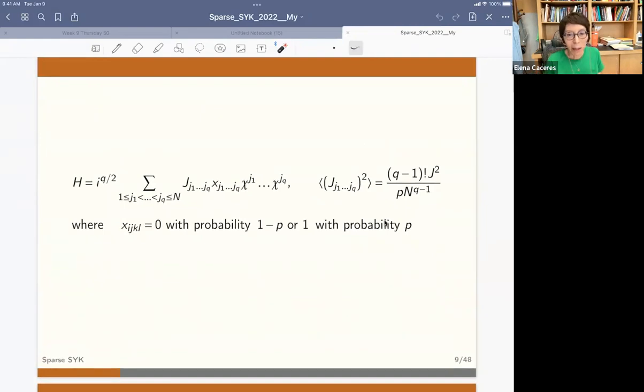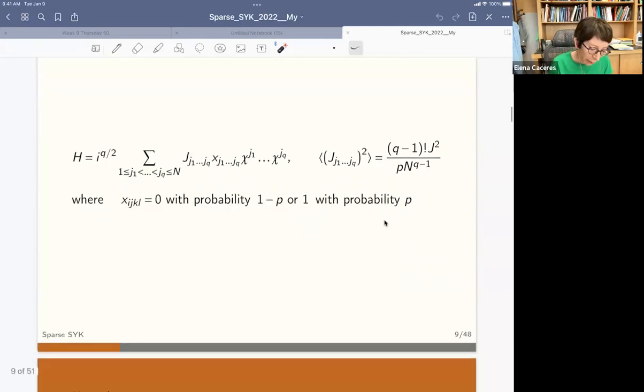I have my SYK model that I just showed before, but now I have this parameter here, x_{j_i to j_k}, that I'm going to set to 0 with probability 1 minus p, or set to 1 with probability p. So when p equals 1, I just recover the standard SYK model. Otherwise, with certain probability, I'm going to prune the couplings. Okay, good.